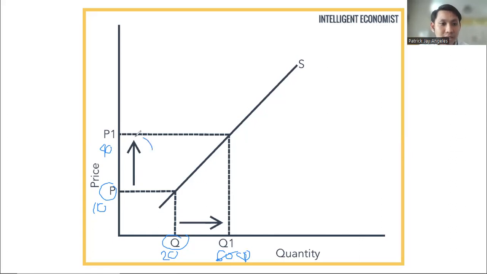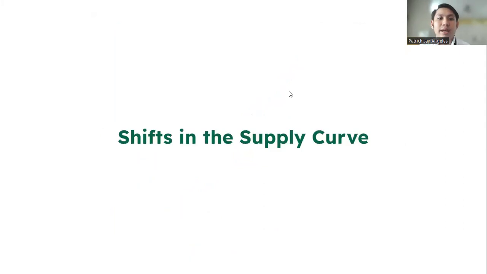So there is a direct relationship: as the price increases, the quantity supplied increases as well. That is the reason why supply is always sloping upwards, compared to the demand. That's how you look at the movement along the supply curve.